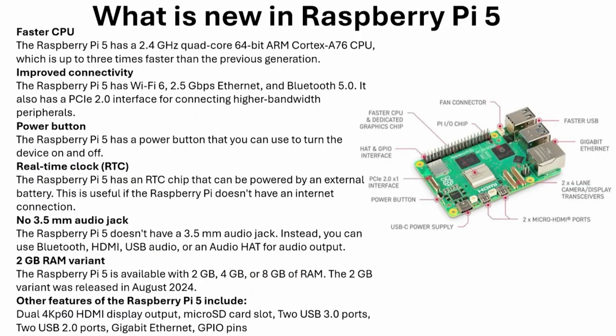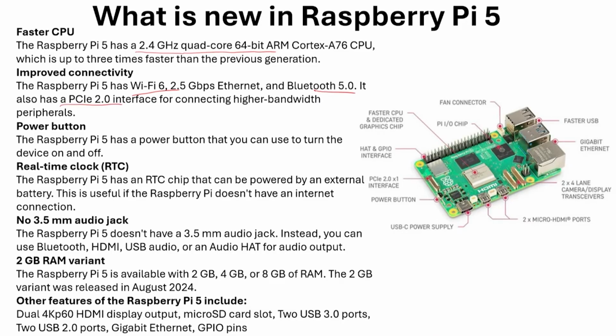Now, what is there in Raspberry Pi 5? Well, it has a faster CPU system, a 2.4 gigahertz quad core 64-bit ARM Cortex. So, it is very fast, up to 3 times faster than other generations. It has improved connectivity: Wi-Fi, Ethernet at speeds of up to 2.5 Gbps, and Bluetooth 5.0. It also has a PCIe 2.0 interface.